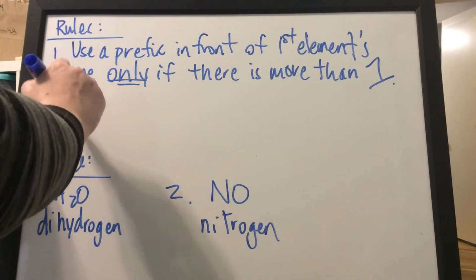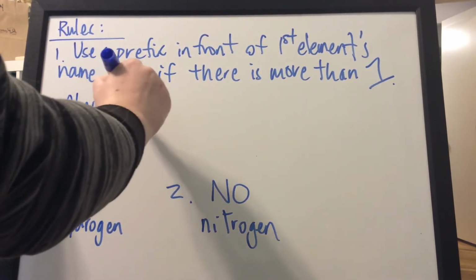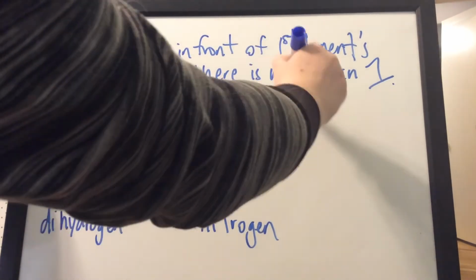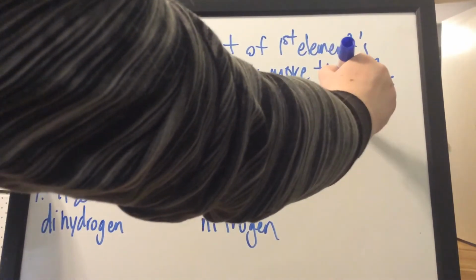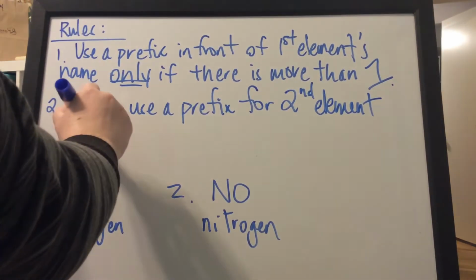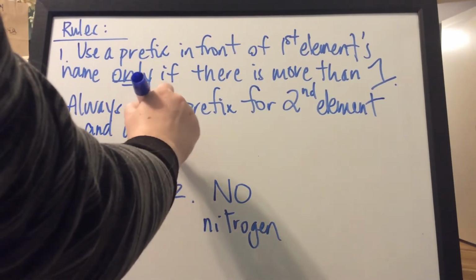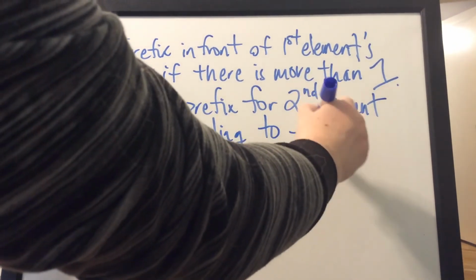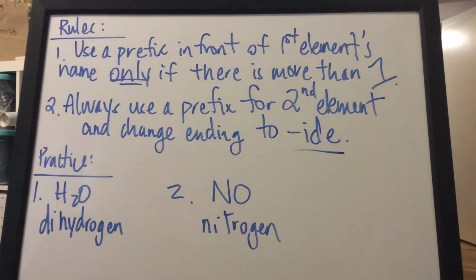The second rule is that you always use a prefix for the second element, regardless of how many there are. And you change the ending to "ide," just like in ionics.